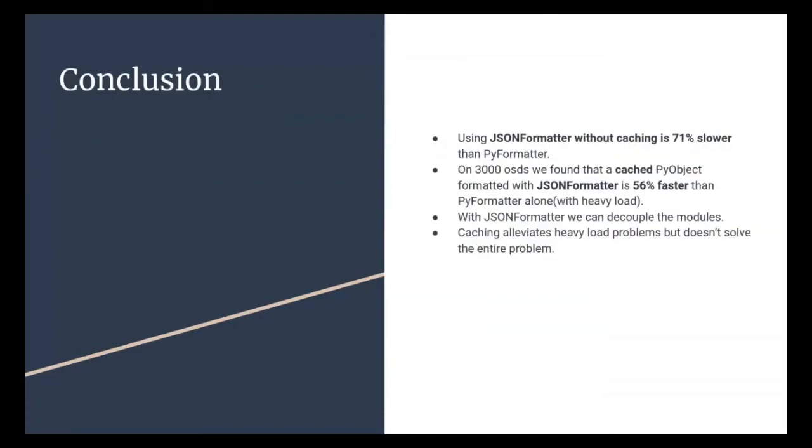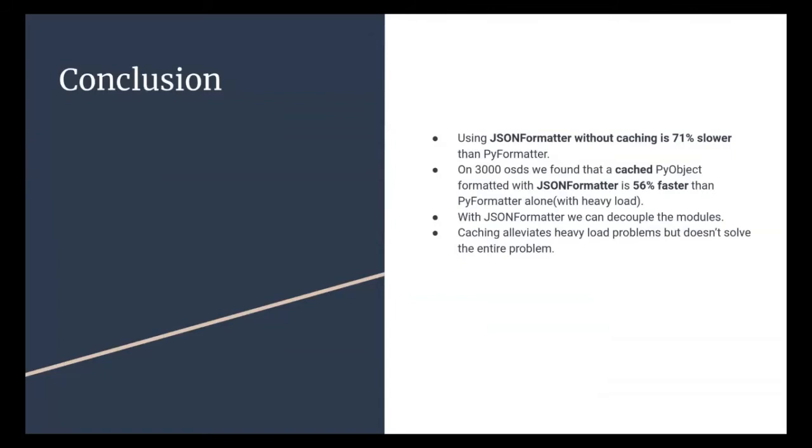As a conclusion, at first we saw that the JSON formatter is 71% slower, but if we cache it with 3,000 OSDs, we get a boost with 56% faster than the PyFormatter.